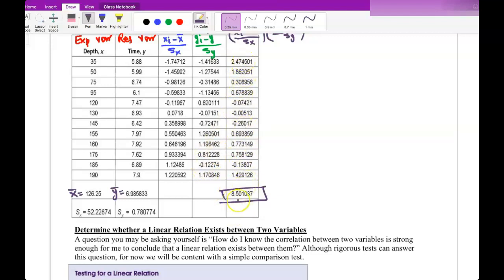So adding all these points gives that one. That is the addition of these two. Okay, multiplying these two and then adding all this data.